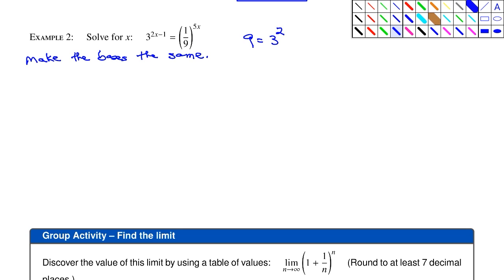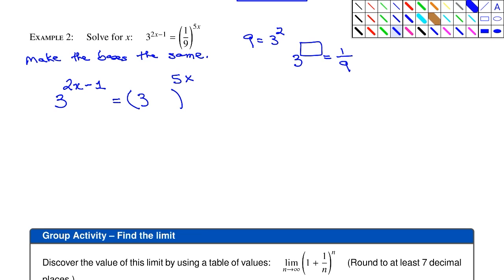So 3 is going to be our common base. So we're going to use 3 to the 2x minus 1 is equal to 3 something and then raised to the 5x power. So the question is, what do I need to do to the 3 in order to produce a 1/9?